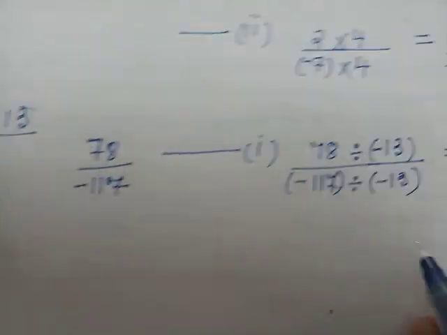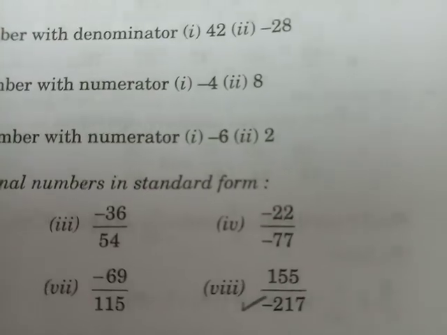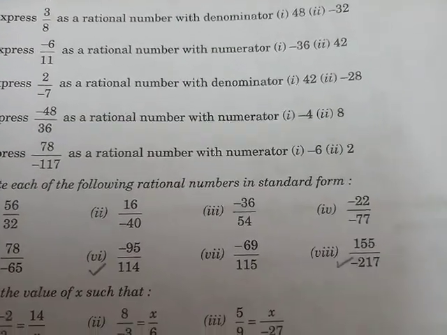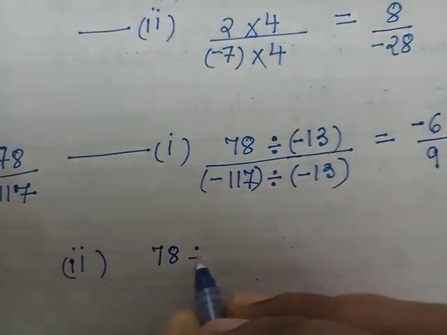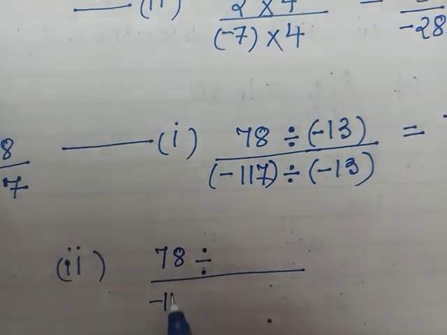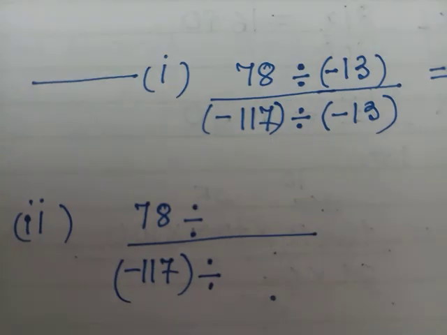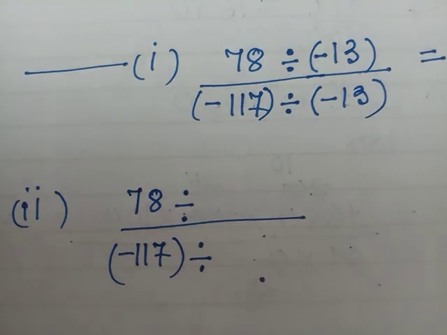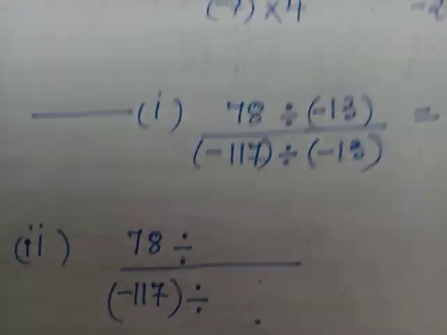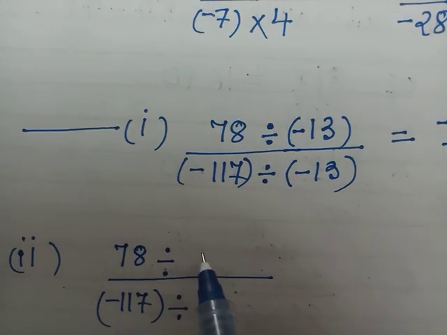Okay children. Then in the second part, what are we looking for? We are looking for 2 in the numerator. So now we should know by what number we should divide 78 to get 2. We know very well 39 2s are 78. So that means we are dividing it by 39.